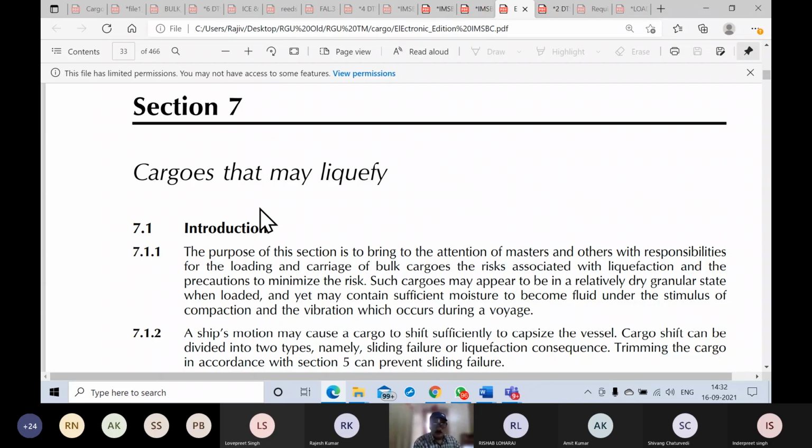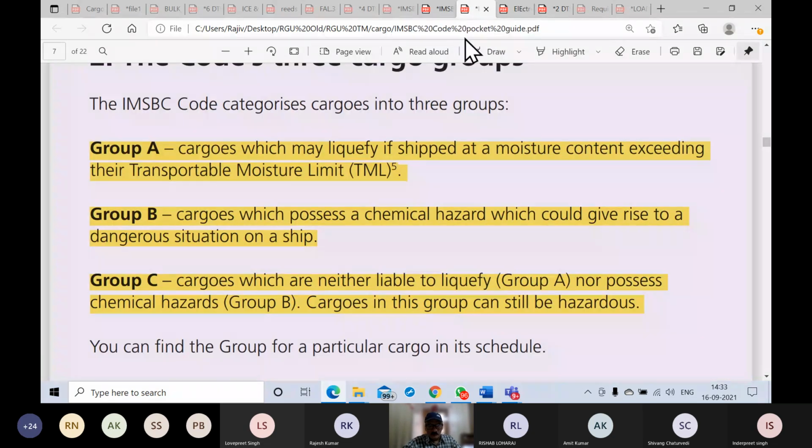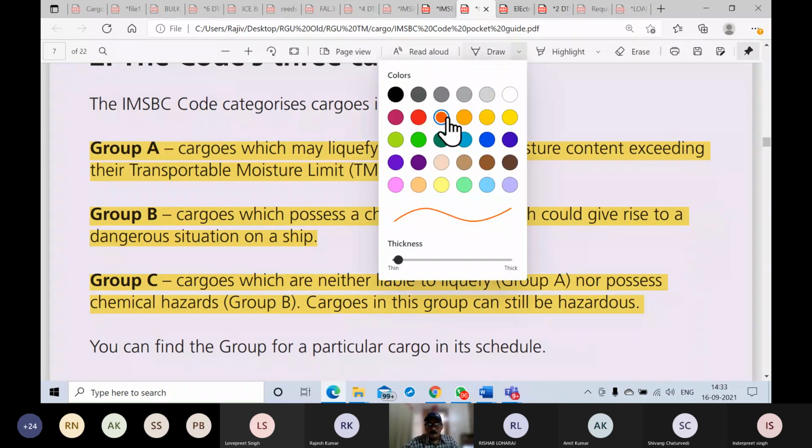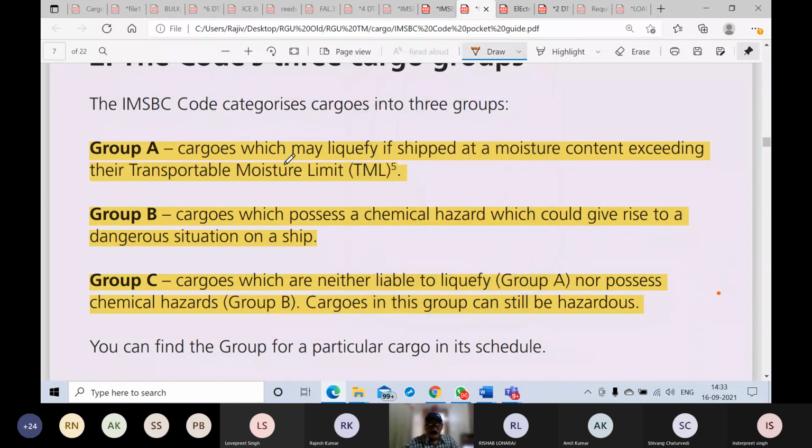So we go straight to this section. Which group will this be? As far as the IMSBC is concerned, the group? Group A. A, sir. Very good. This group has caused a lot of concern.